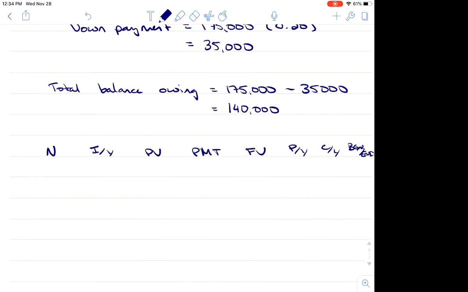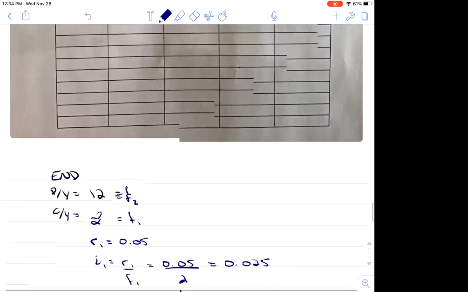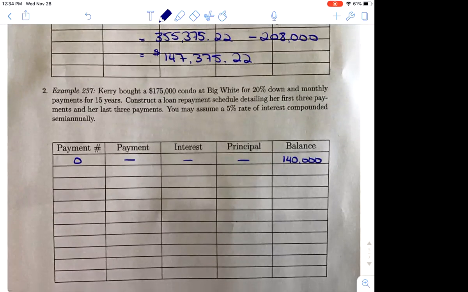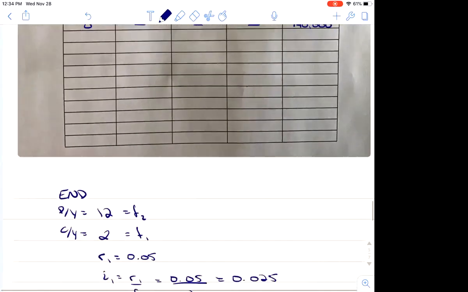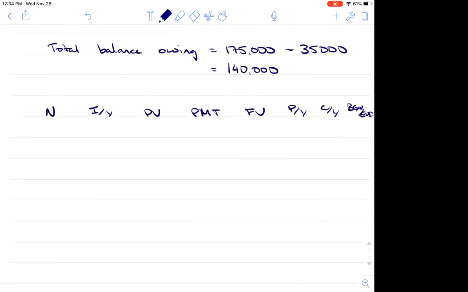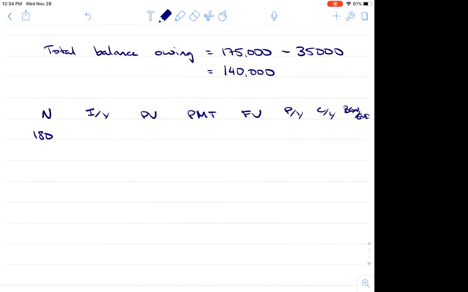N is the number of payments, and she's making monthly payments for 15 years. 12 times 15 is 180. So N is 180.